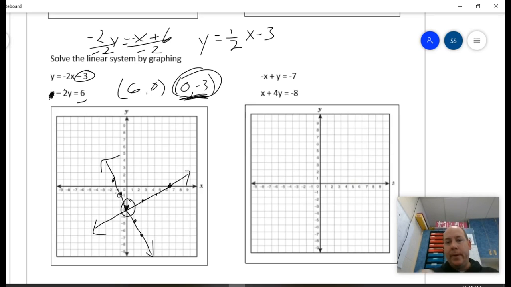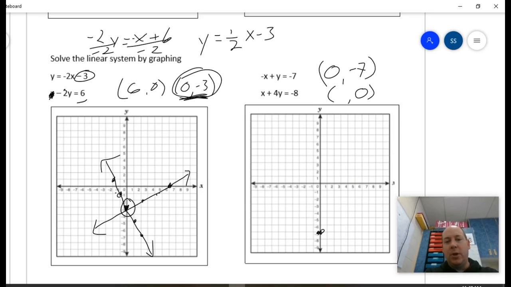Right. Again, next one. This one to me sets up nicely to do intercepts. If I make my x value 0, I have y equals -7. So that's my y-intercept. And if I make my y value 0, okay, I would have -x equals -7.